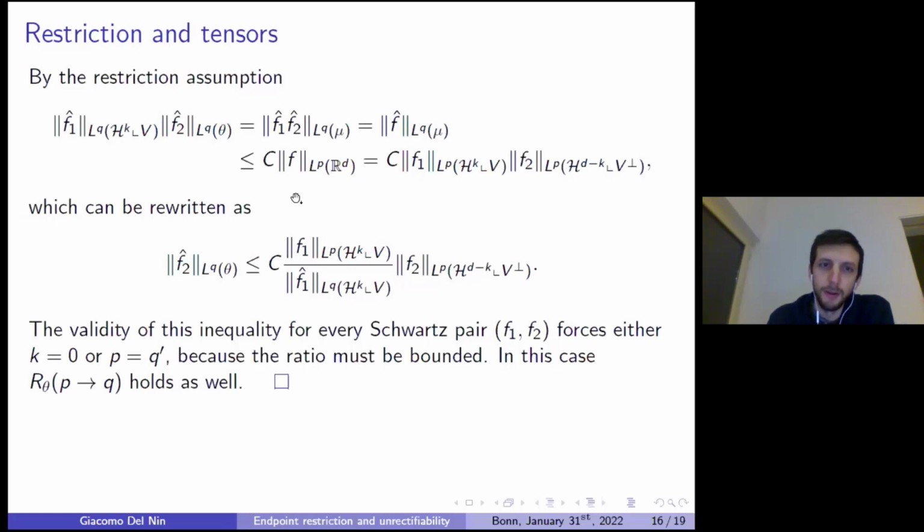That means that the ratio between the function f in L^p of the flat measure and the L^q norm of the Fourier transform in the same measure has to be bounded. But then we know basically from the result in R^k that either the exponents are dual, or we need to be in the trivial case where k equals 0.